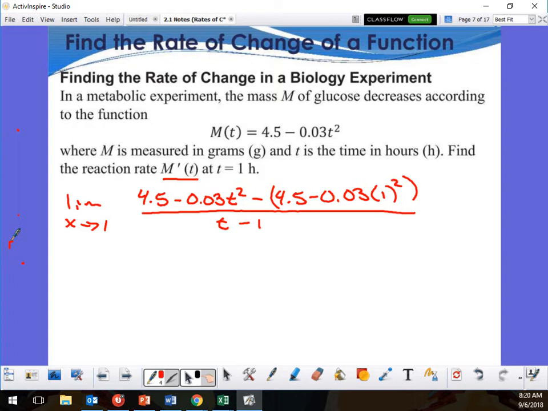So it should be minus 0.03 t squared plus 0.03, all over t minus 1. That's 0.03, not 0.103.